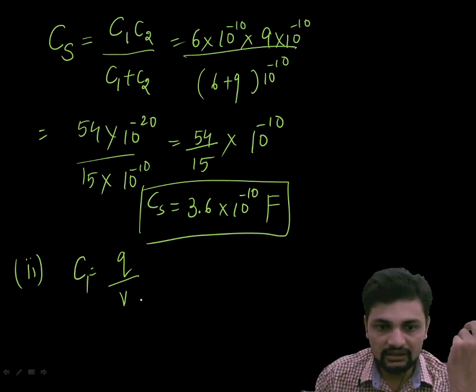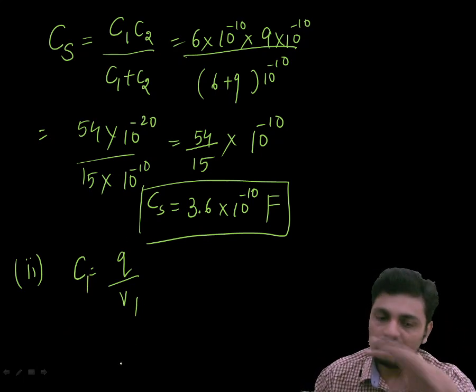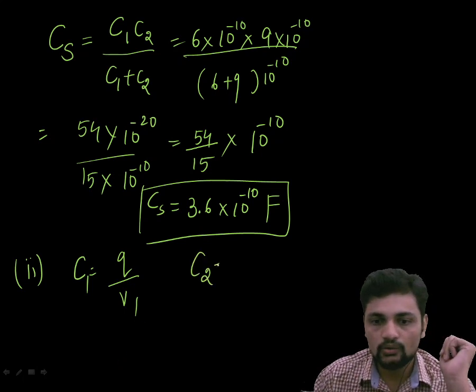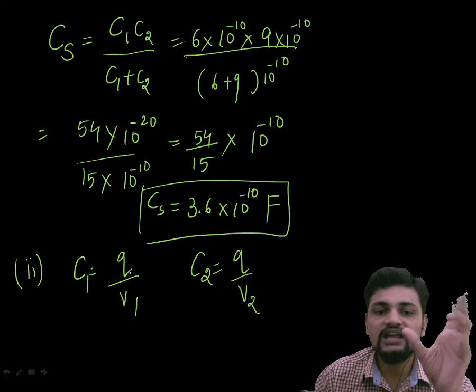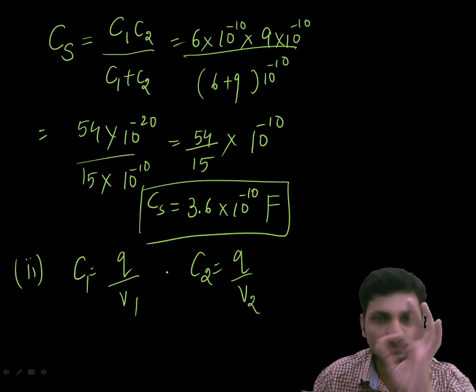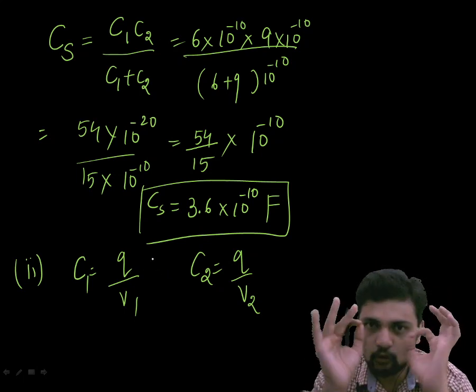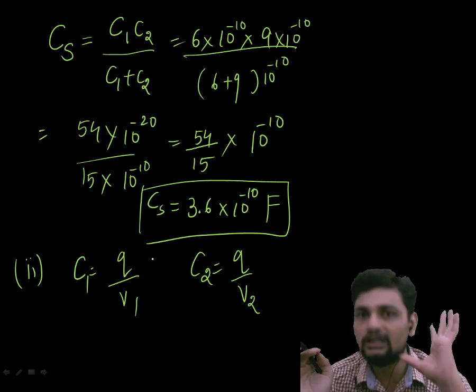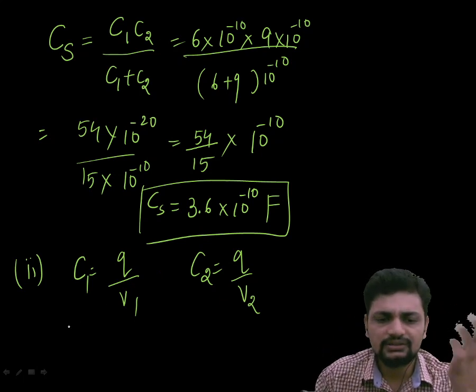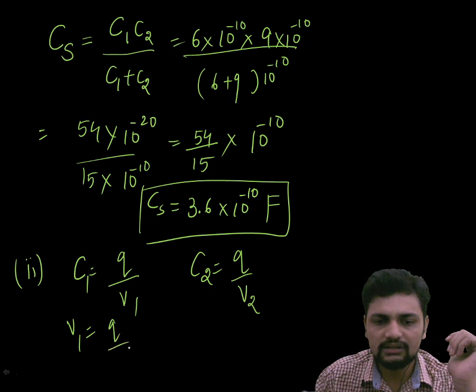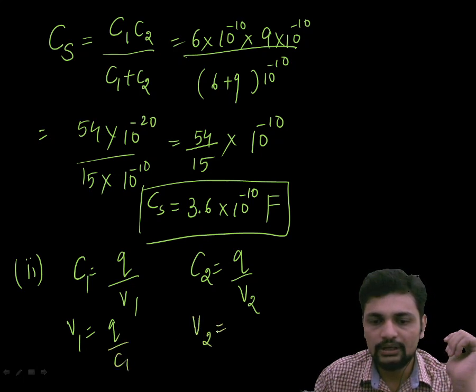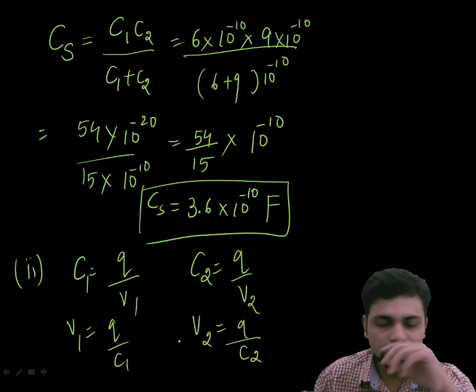So for C1 it will be Q by V1, whereas for C2 it will be Q by V2. Clearly, I am not modifying charges Q1 and Q2, the simple reason being that the charge flowing through them is absolutely constant. So modify this: the value of V1 will be Q by C1 and V2 will be Q by C2.